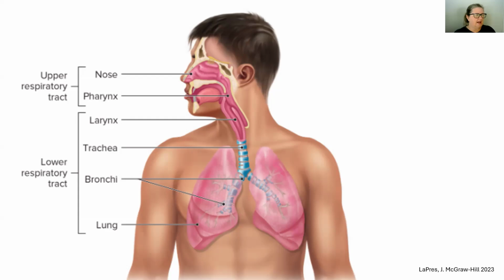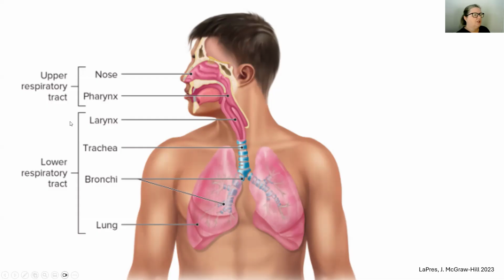So here we have the basic diagram of the respiratory system. And it starts, of course, with the upper respiratory tract, which is basically just everything kind of from the neck up. So it's the nose, the pharynx or the throat, and then the part of the larynx.